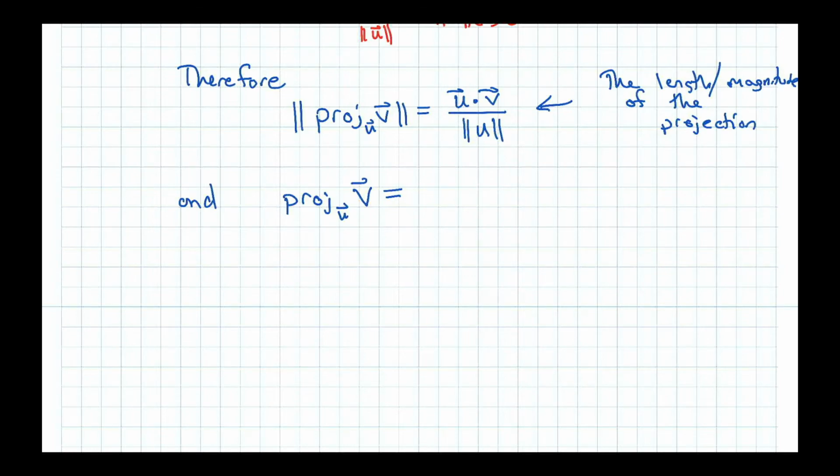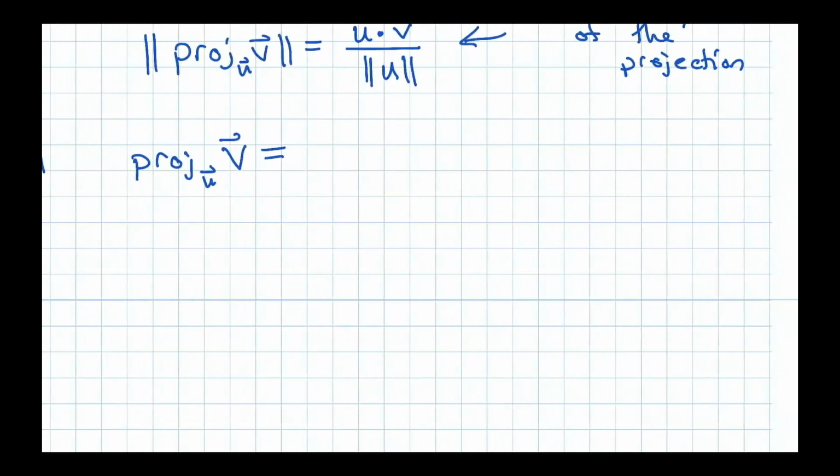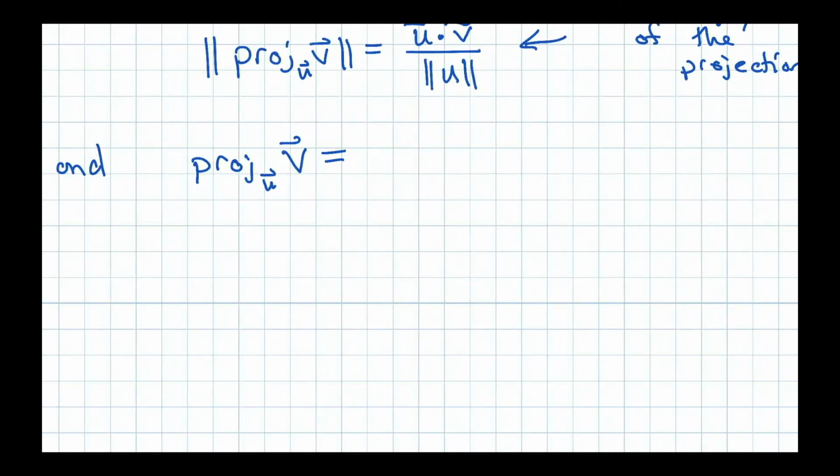That's a problem that we solved. So the projection of v onto u should be the magnitude that we want, multiplied by a unit vector in the direction we want.